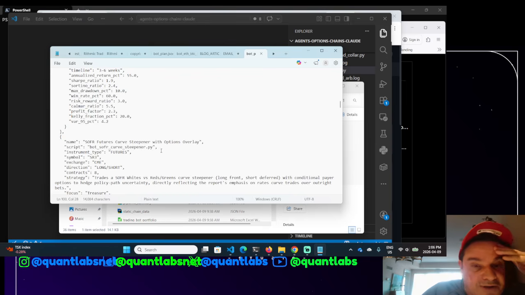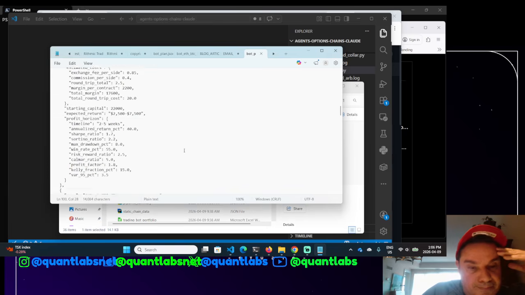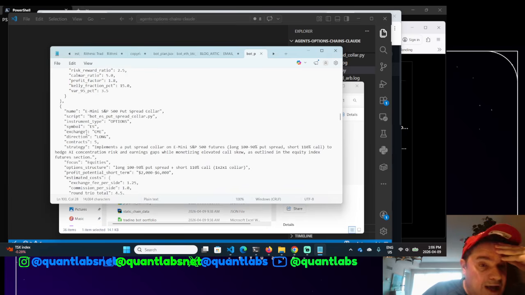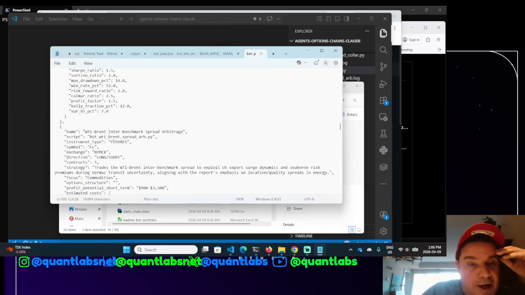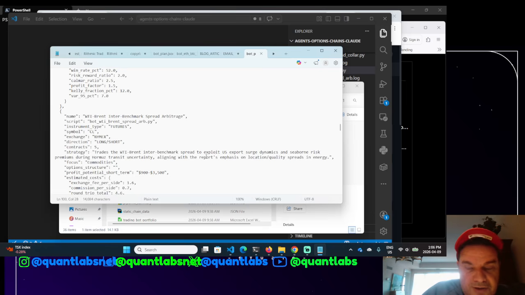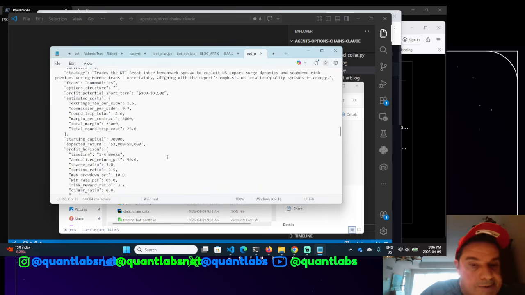SOFR futures curve steepener with option overlay. Okay. We also have an E-mini S&P put call spread caller, pretty standard. WTI inter benchmark spread arbitrage. So here it's using different combinations based upon the Hormuz Strait arbitrage opportunity.